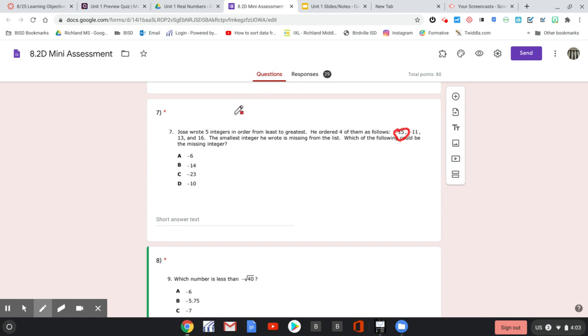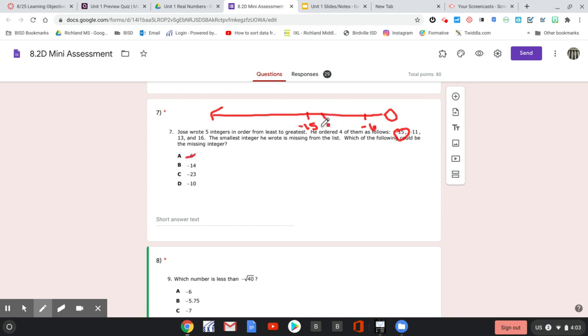So if we have our number line, and we have 0 here, and we have -15 here, we want a number that goes out further. So -6 would be closer to 0, so that means it got bigger. So that can't be it.